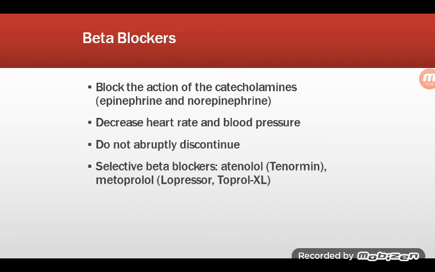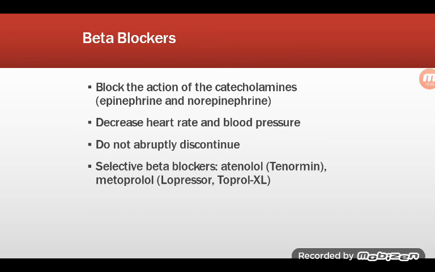Non-selectives go beta 1 and beta 2, so you have more of a risk of wheezing and lung issues with that for somebody who has, say, asthma or COPD. Hold beta blockers if the blood pressure is too low, and hold if the pulse is less than 60. Too low of a blood pressure, oftentimes that's below 100. You want to seek some advice whether you should give that or not.